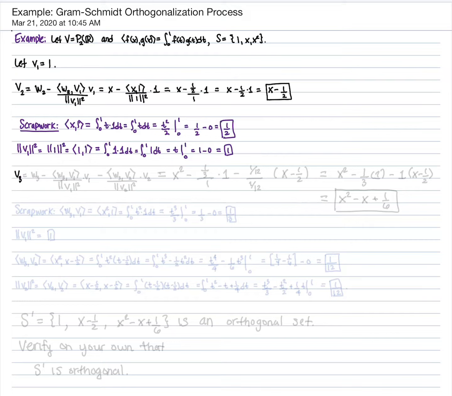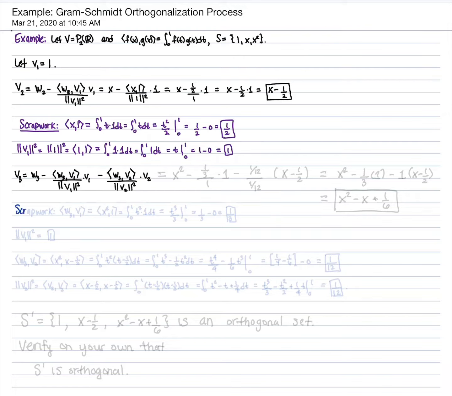So V3 should equal W3 minus the inner product of W3 with V1 over the length of V1 squared times V1 minus the inner product of W3 with V2 over the length of V2 squared times V2. And again, we'll need to do some scrap work.